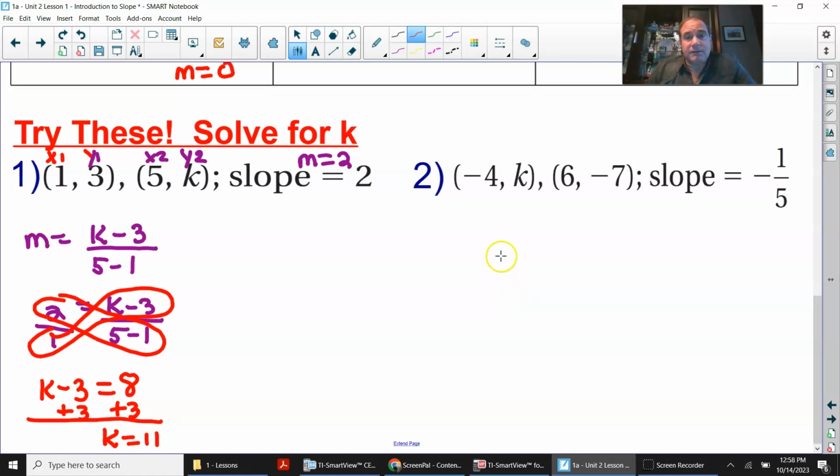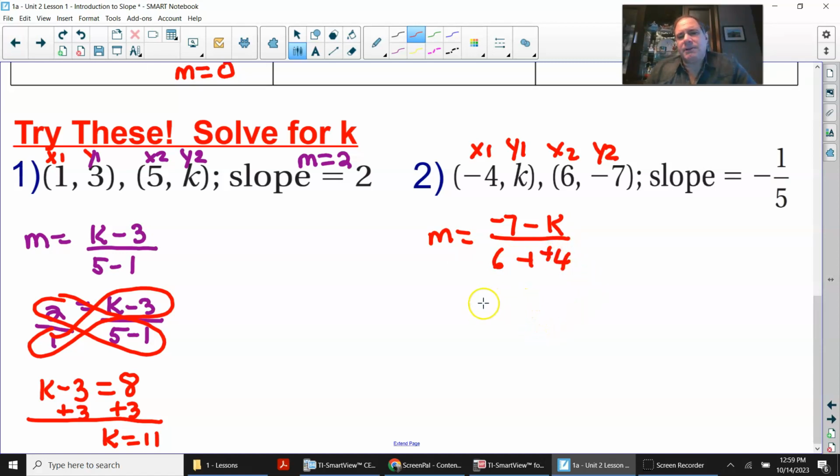That's it. Right? Same thing with this one, x1, y1, x2, y2. So we're going to have m equals, and we're just going to set that up. This is y2 minus y1 over x2 minus a -4. And we're just going to add that, plus plus.